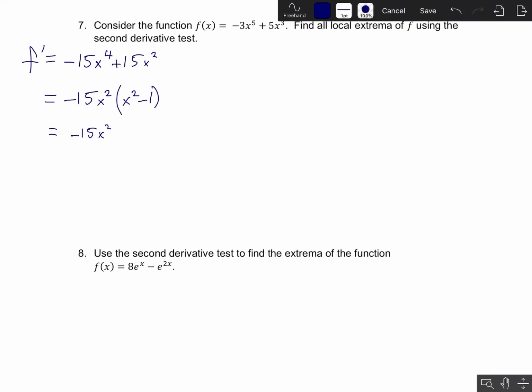It would also be fine to just factor out a positive 15x squared. But this is what's left over whenever we factor out a negative 15x squared. And notice that this further factors as a negative 15x squared times x minus 1 times x plus 1, because x squared minus 1 is a difference of squares. So this is f prime. And now that this is fully factored, it's easy to see that there are only 3 critical points.